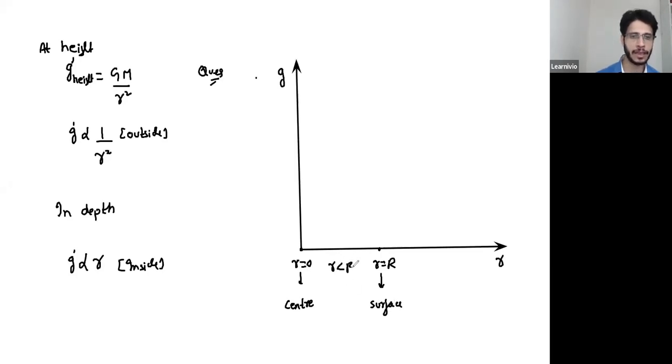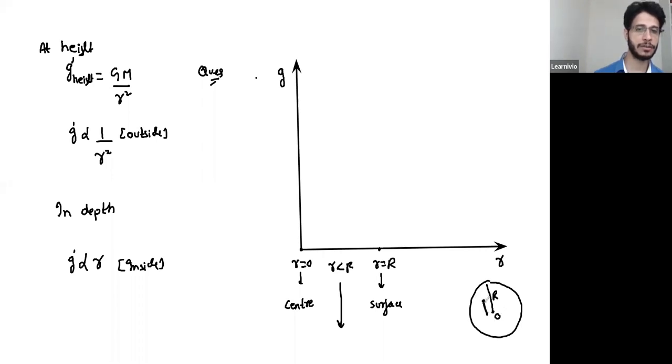Here r is less than capital R. Sania, where this point will lie, inside or outside? If I am taking a point at a separation less than the radius of Earth, it will go inside. But if your r is greater than capital R, meaning the separation is greater than the radius of the Earth, this point will lie outside.